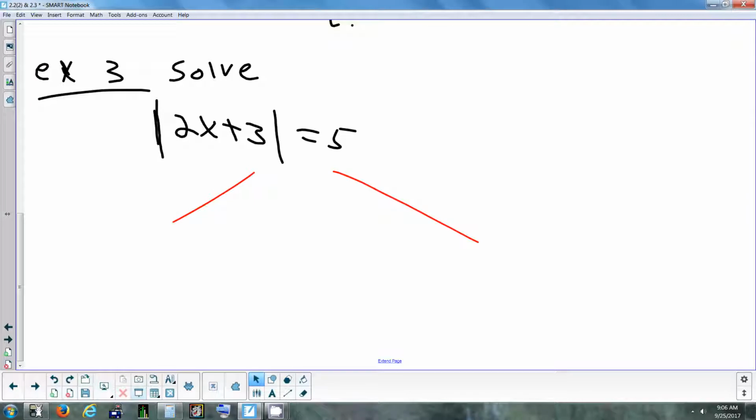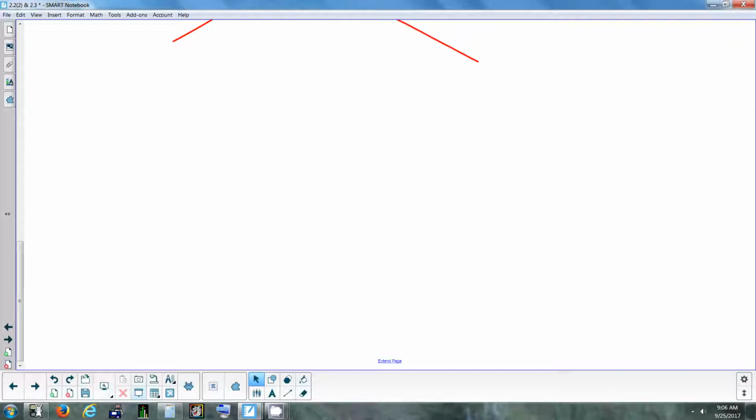What if on the left side it had the absolute value and squared? Would that be considered still alone, or would you have to get rid of that? Well, that would be a little tricky. I would say still get the absolute value by itself first.